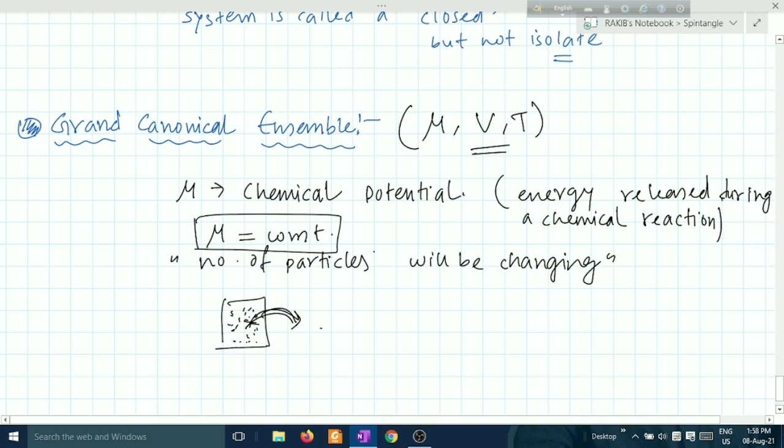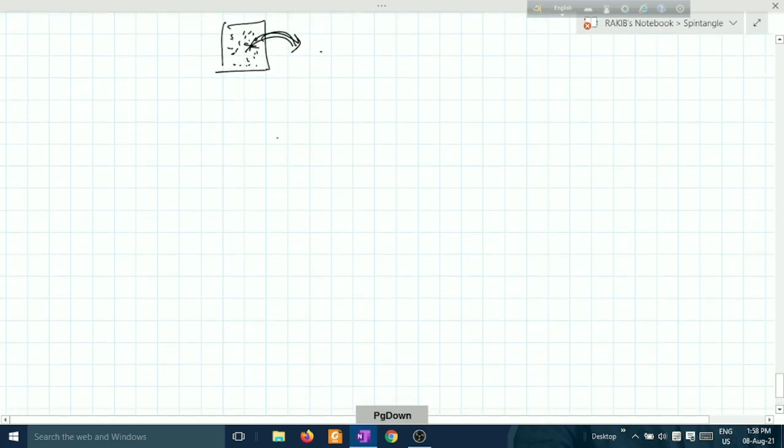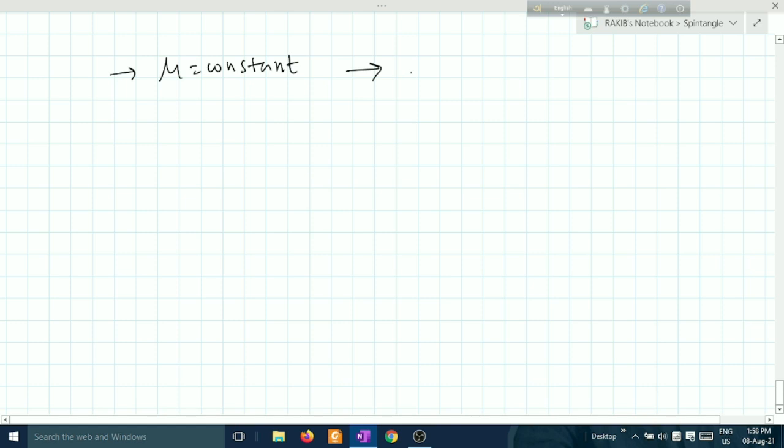So what we have seen is that for mu to be constant, if there are walls, then the walls have to be permeable or porous.